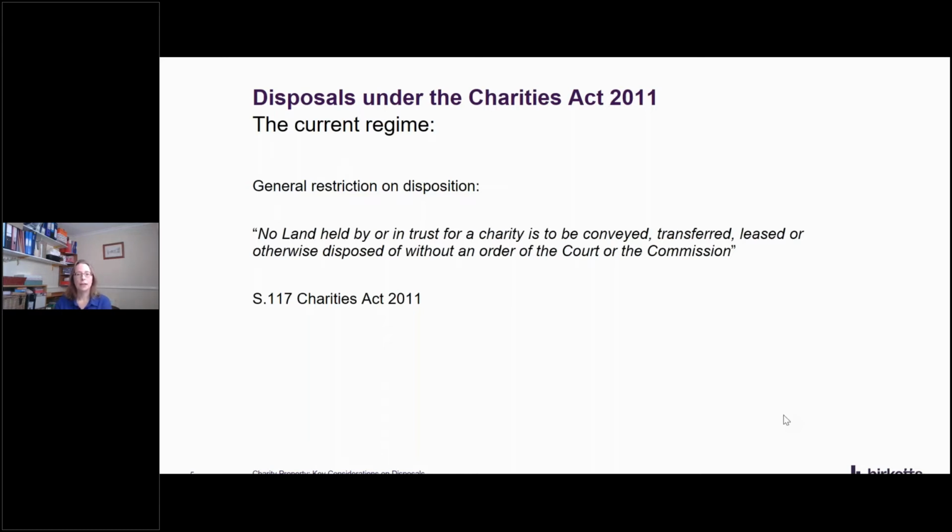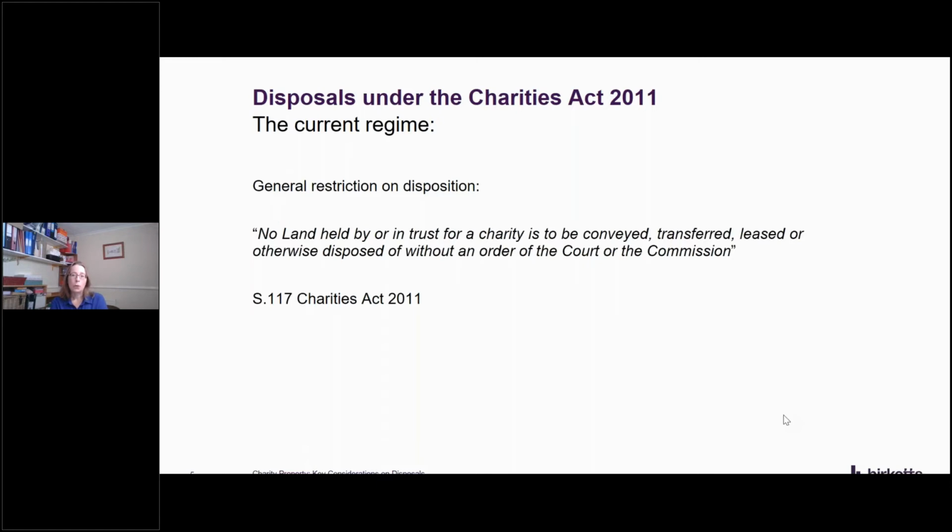The first Charities Act was in 1855. And before that, the position was rather ambiguous, but it was dealt with via various different cases and case law. The position was that subject to anything in a conveyance conveying land to a charity, trustees had power to convey charity property.